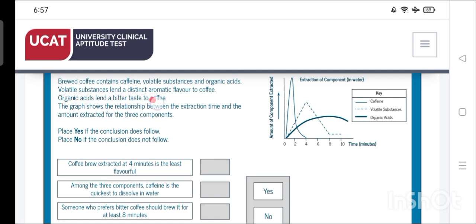Organic acids lend a bitter taste to coffee. The graph shows the relationship between the extraction time and the amount extracted from the three components.